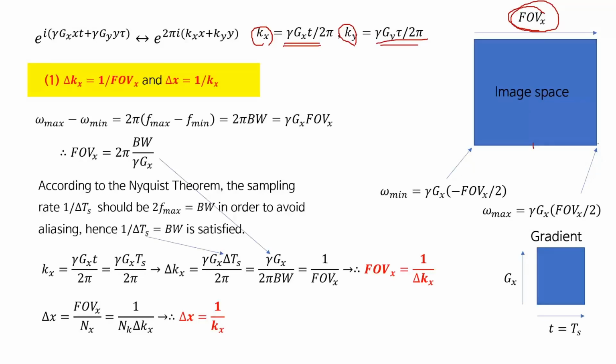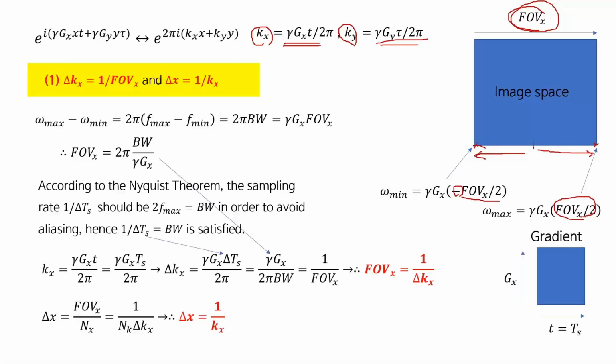At this point, the distance is plus FOVX over 2, and here minus FOVX over 2.